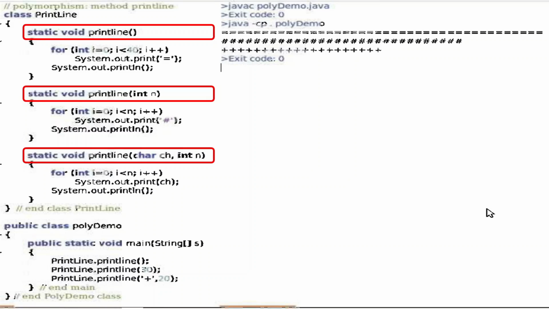One more thing to make clear in this example is that even though the name of the class and the name of the methods are the same in pronunciation, they are totally different. The class name is Println, and all three method names are also println. But if you look closely, the class name has capital P and L, whereas all three methods have all lowercase letters, println with no capital letter.